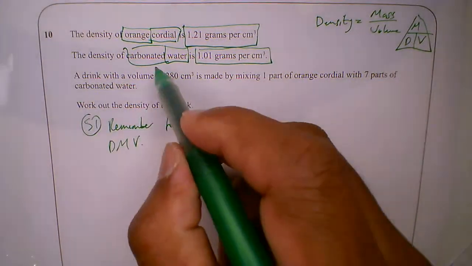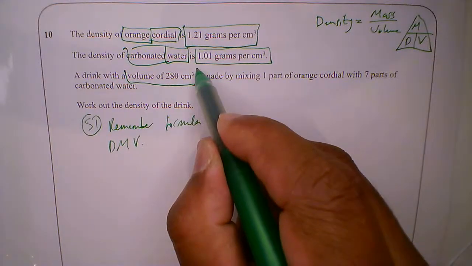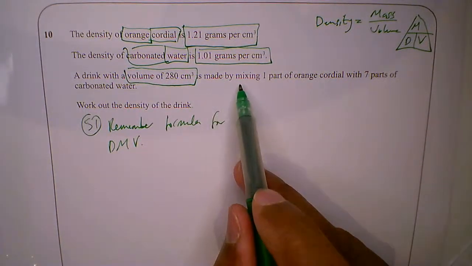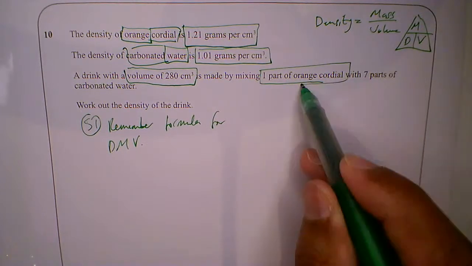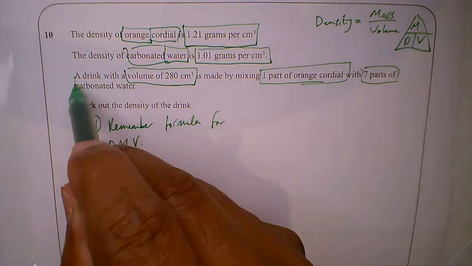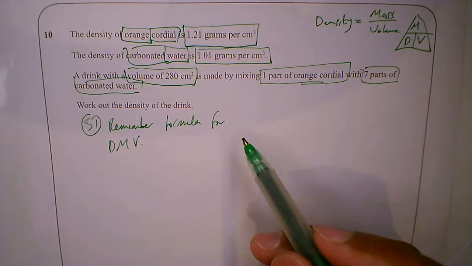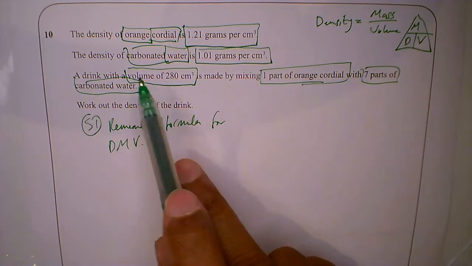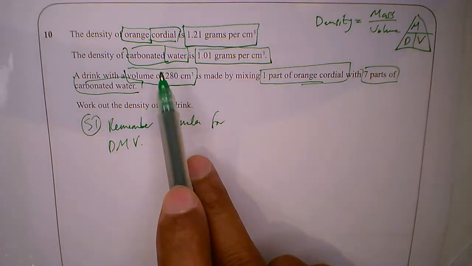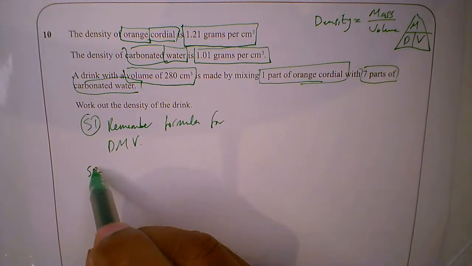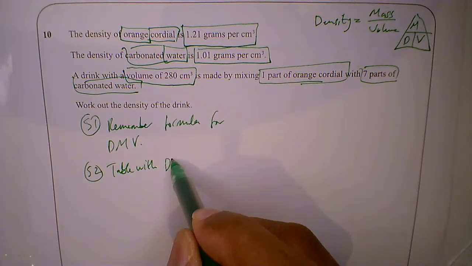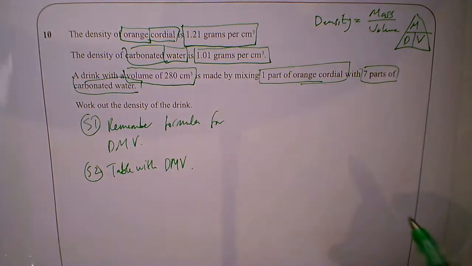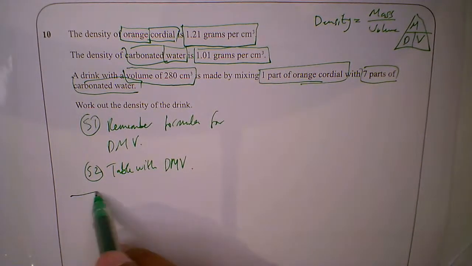A drink with volume 280 centimeters is made by mixing 1 part orange with 7 parts of carbonated water. So I've got density, mass, volume. I've got 2 things here, so I'm going to create a table with DMV, and then I'm going to see what happens.